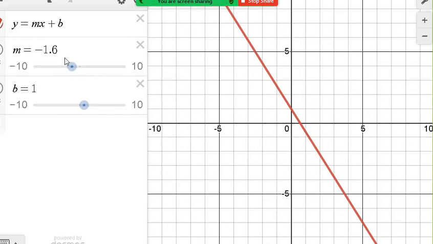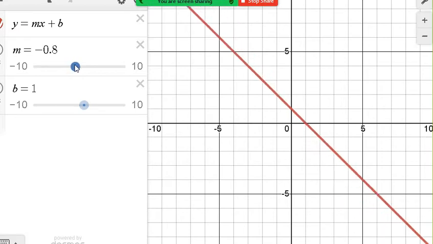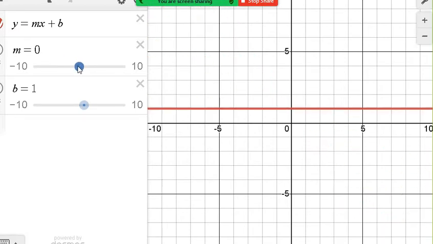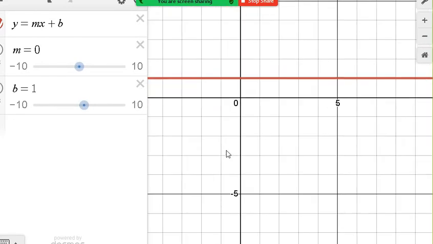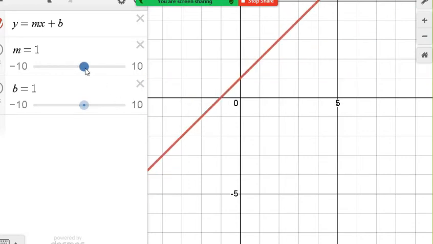But there's one point here in the middle that's of particular interest, and that's when your slope is 0. So it means no matter what value of x you have, your value of y is always the same. It doesn't matter what x is. That's not true if the slope is, say, 1.